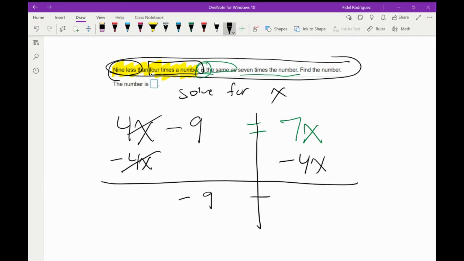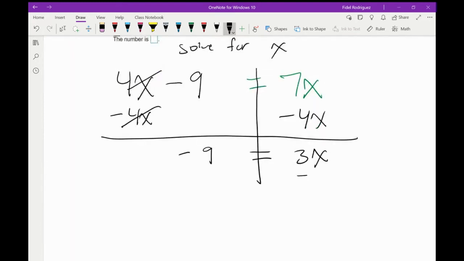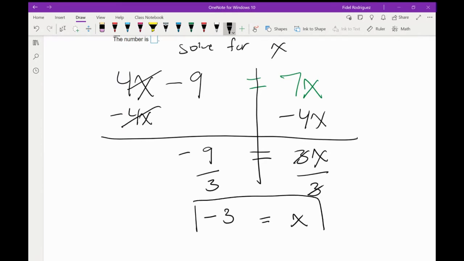This is going to give me a minus 9 equals, let's see, 7 minus 4 is going to leave me with a 3x. And then I'm going to divide both sides by the number 3. And so x will be here, and negative 9 divided by 3 is just a negative 3, right?